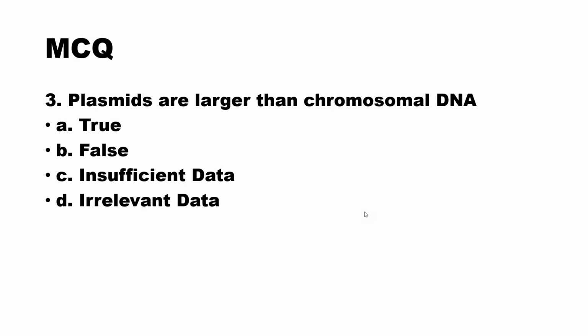For example, in an E. coli cell, only 8% is plasmid; the rest, 92%, is chromosomal DNA. Similarly, in many bacteria, plasmids are always smaller than chromosomal DNA. It's a fact, not insufficient or irrelevant. That's why the statement is false. If the statement were plasmids are smaller than chromosomal DNA, then it would be true. Clear? Prema Kumari, is it clear? Fine. Good.